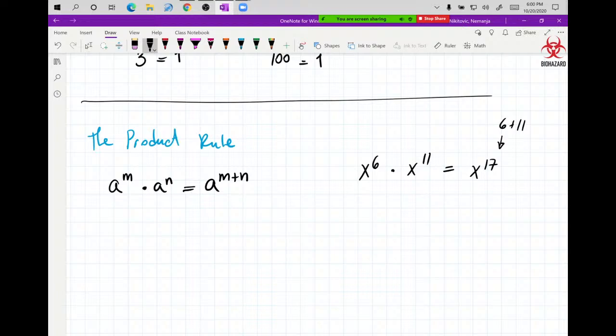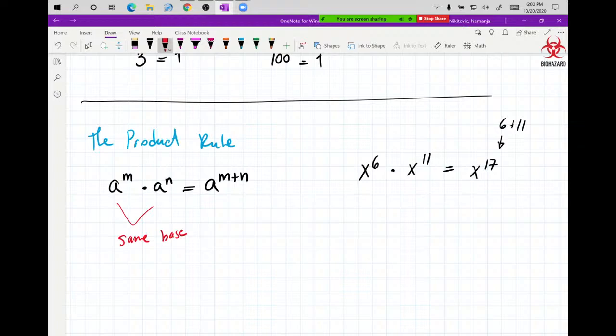If you have the same base, and this is something that is very important, same base, once you know that the base is the same, you have two factors with the same base.